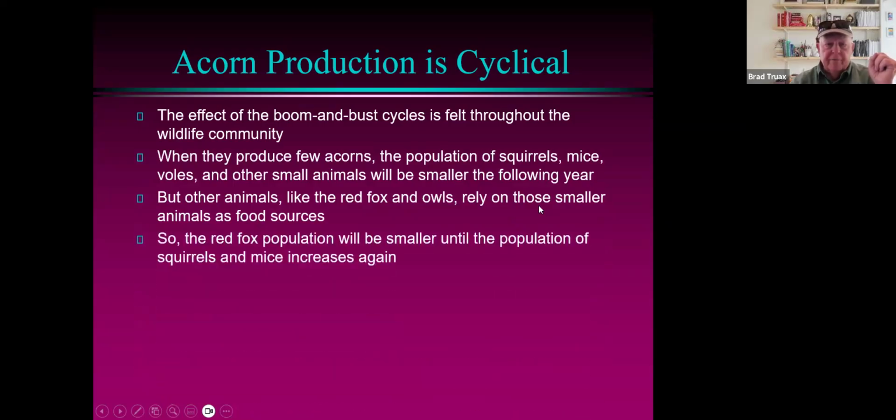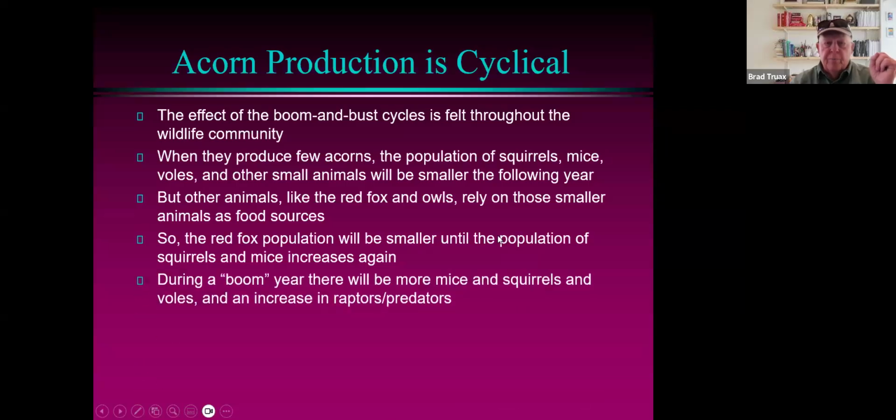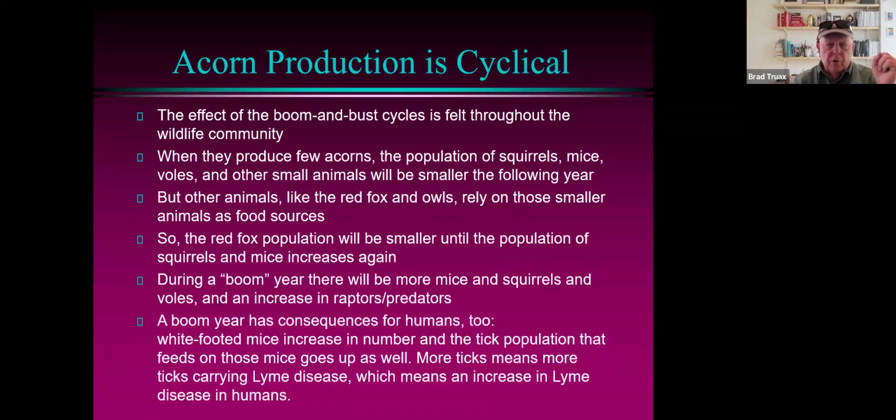So they're going to drop off as well. And during a boom year, when there's going to be more mice and squirrels following a boom year, there's going to be an increase in the raptors and other predators of the smaller animals.